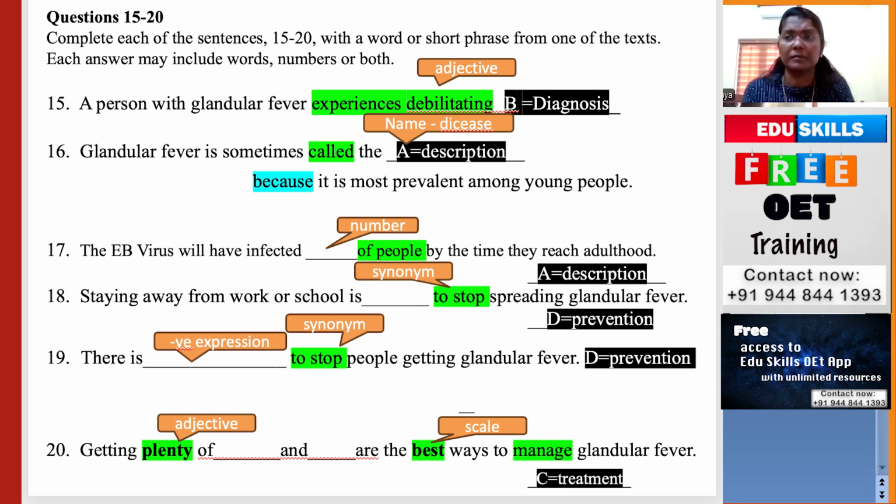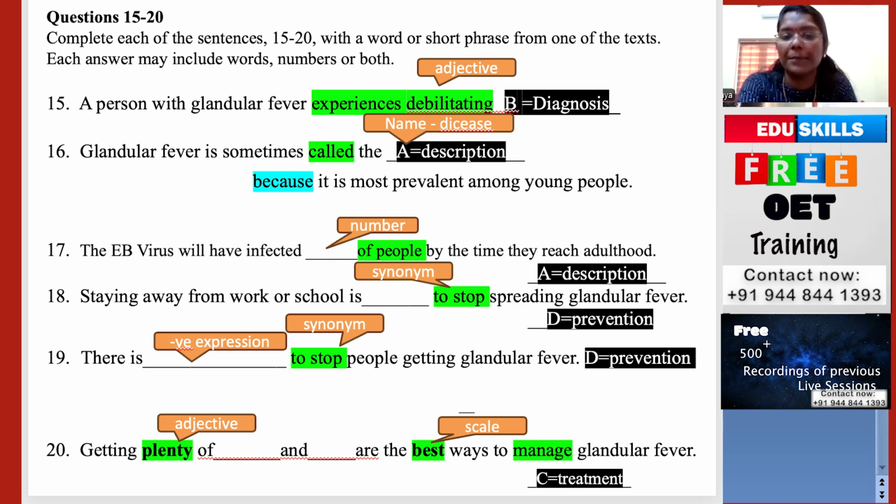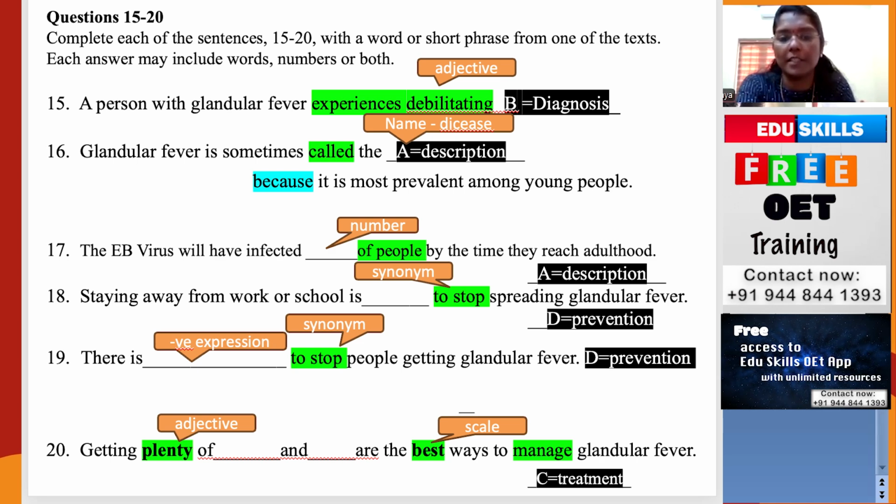Prevalence, 90 to 95%. EBV is a virus in the herpes group and it infects 90 to 95% of people. The question says the EBV virus will have infected 90 to 95% of people by the time they reach adulthood, so the answer is A. That matches the text.